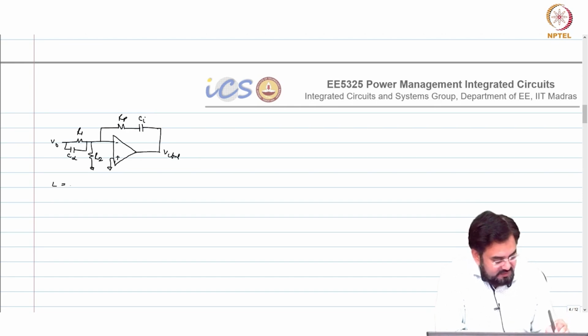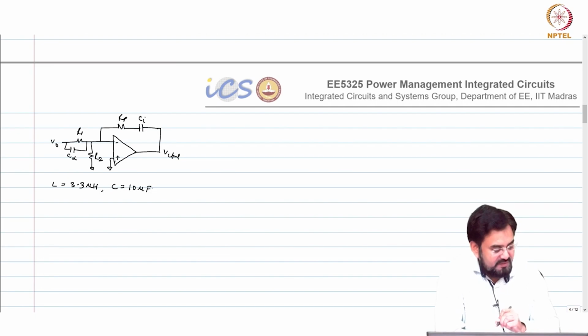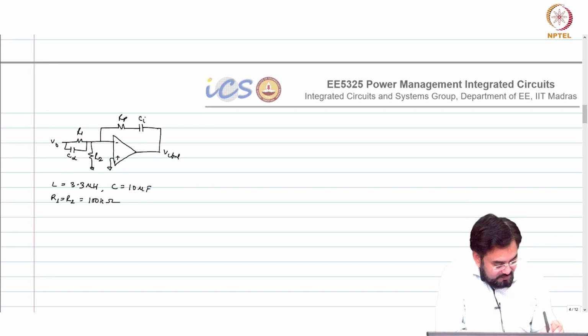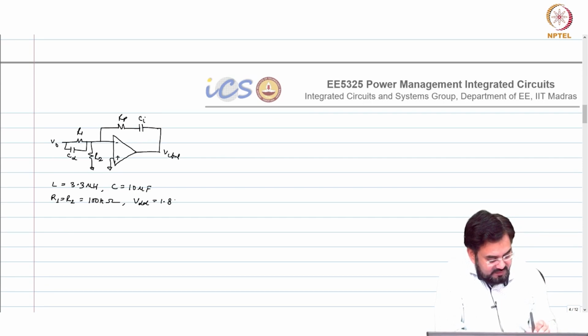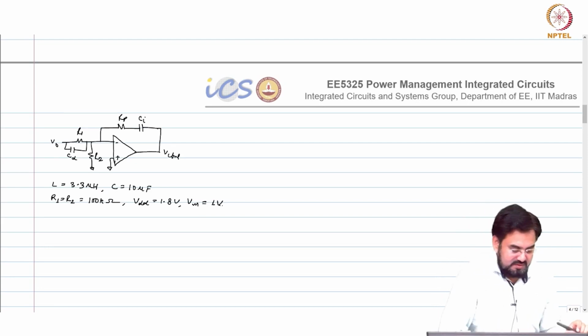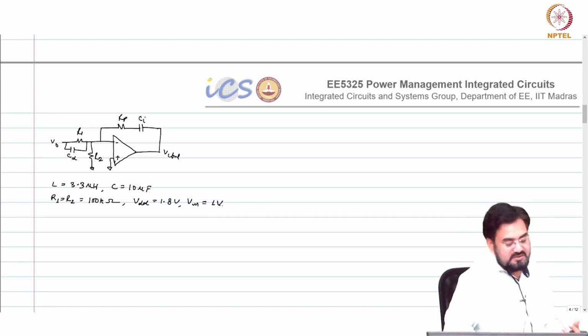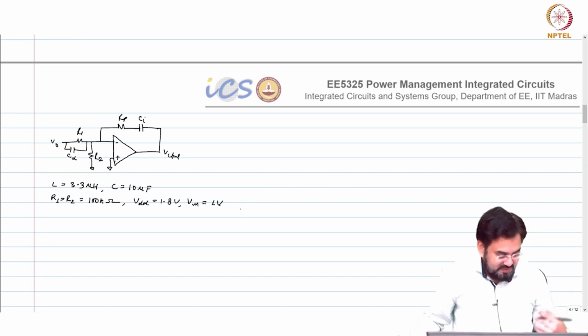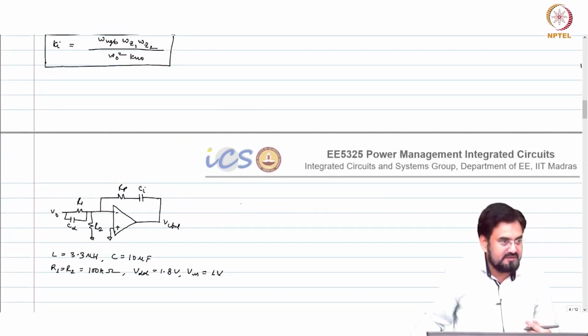L equal to 3.3 microhenry, C equal to 10 microfarad, R1 equal to R2 equal to 100 kilo ohm, then VDD 1.8 volt, VM 1 volt. We don't care about beta. But if it was GM, then we should have mentioned beta as well. So beta would be half in that case.